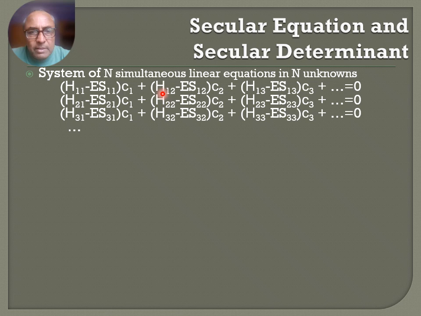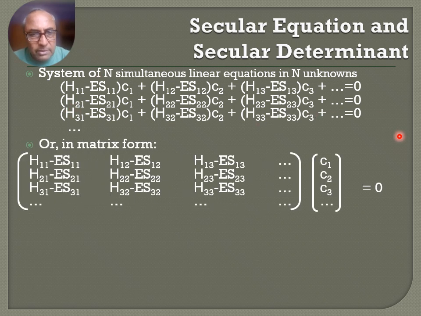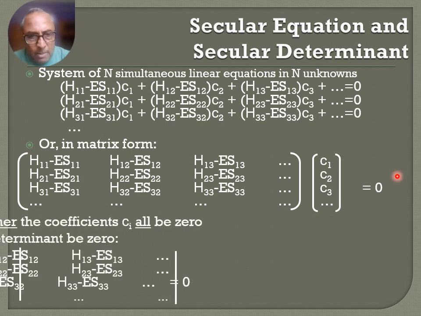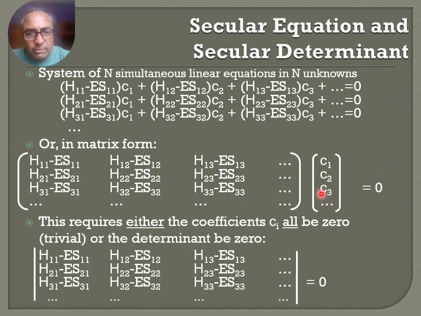Thus, we have a system of n simultaneous linear equations in n unknowns of this form, and that can be written in matrix form by this matrix times the coefficient matrix is equal to 0. For this set of equations to have a non-trivial solution, the secular determinant has to be 0.